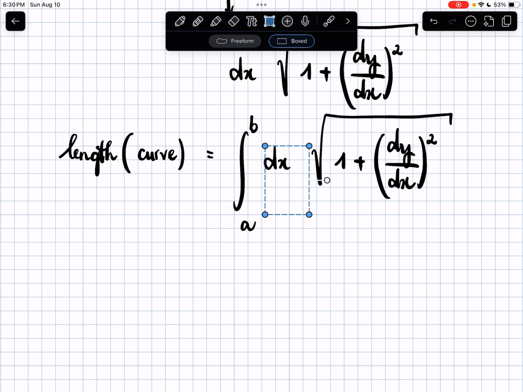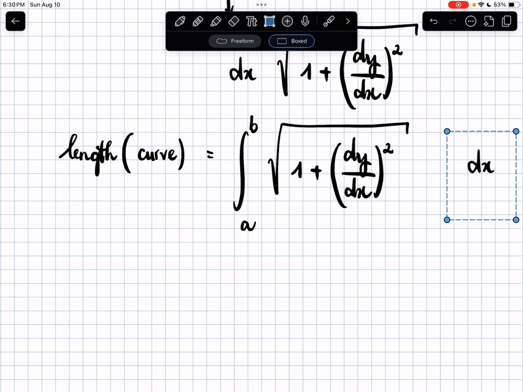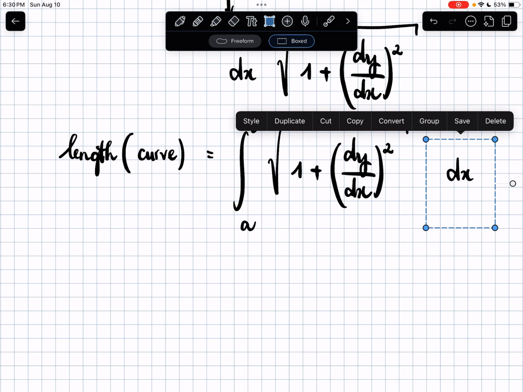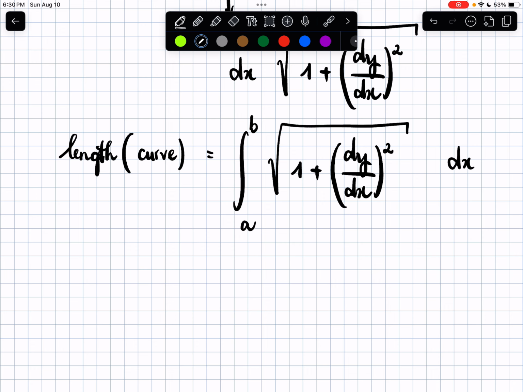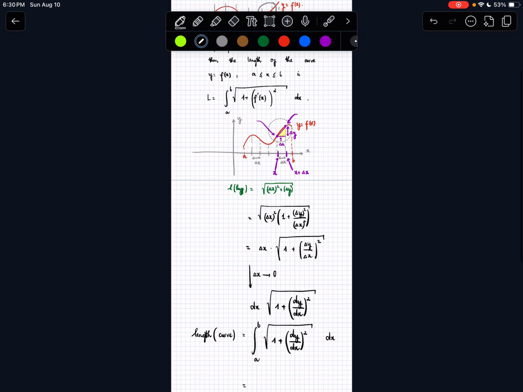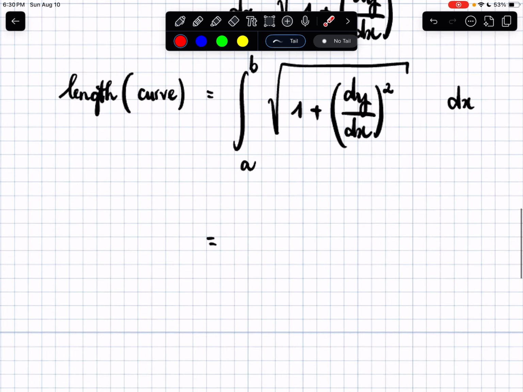So we can put the dx here. Inside we have the square root of 1 plus (dy over dx) squared, and dy divided by dx is actually the derivative of f, f prime of x. So we have f prime of x squared.